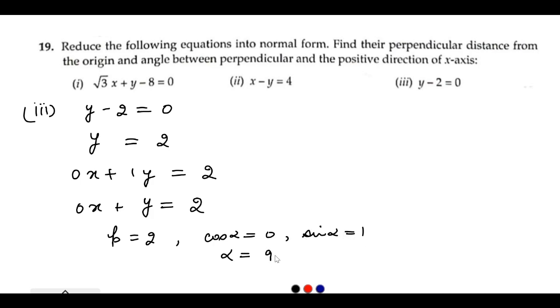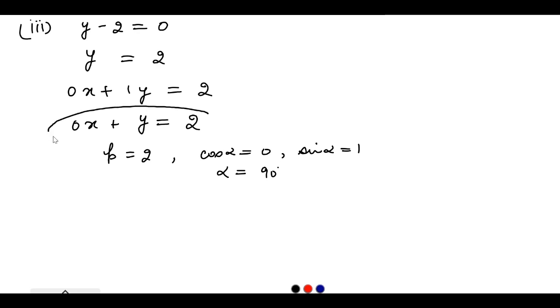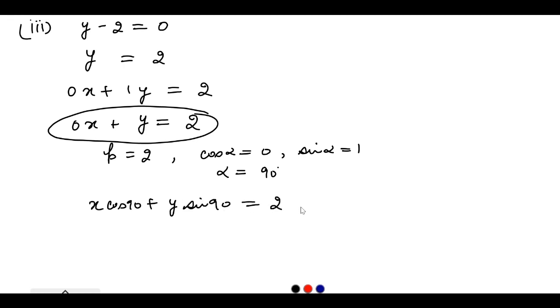It means alpha is 90 degree because cos 90 is 0 and sin 90 is 1. So you can write this equation in the form x cos 90 plus y sin 90 is equal to 2.